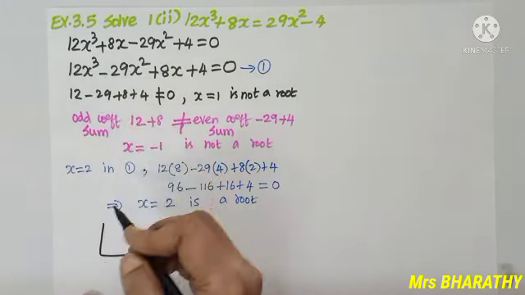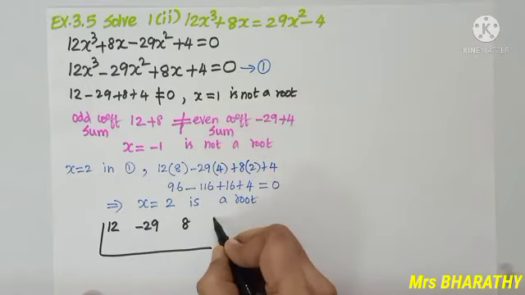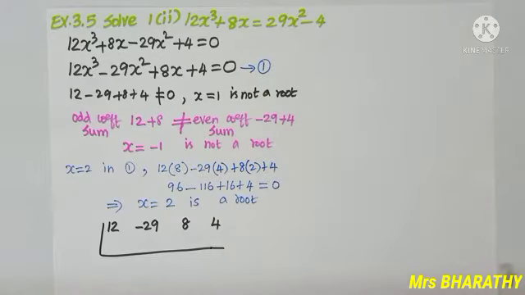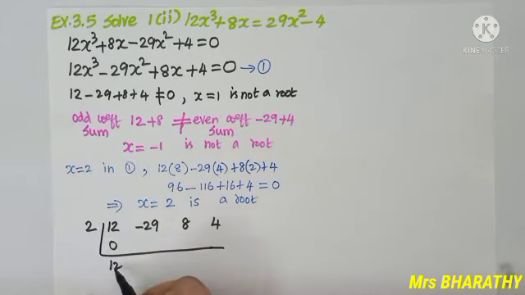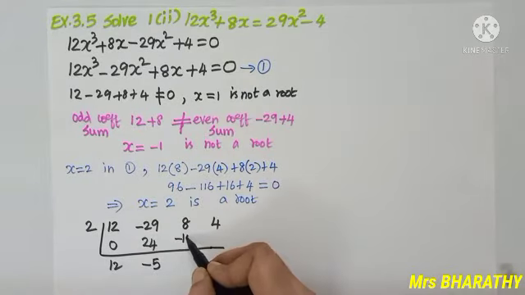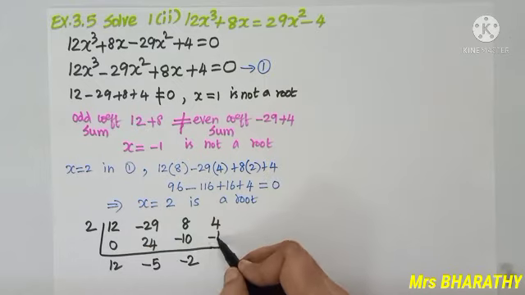What are the coefficients? 12, minus 29, 8, 4. We have identified 2 as a root. So put 0, 12 plus 0. 2 12s are 24. Minus 29 plus 24, minus 5. 2 into minus 5, minus 10. 8 minus 10, minus 2. 2 into minus 2, minus 4.